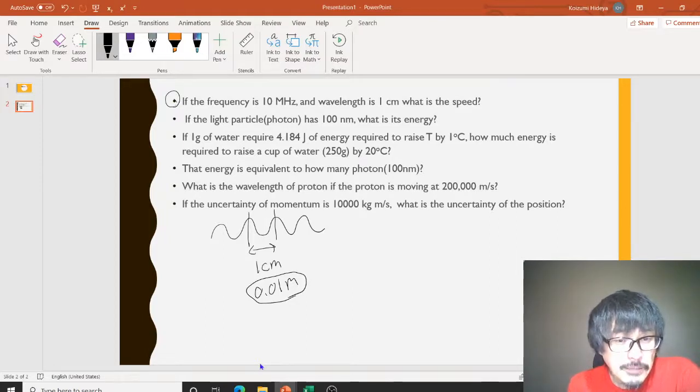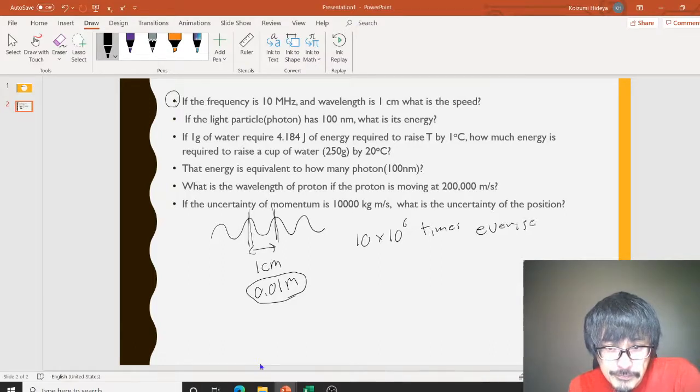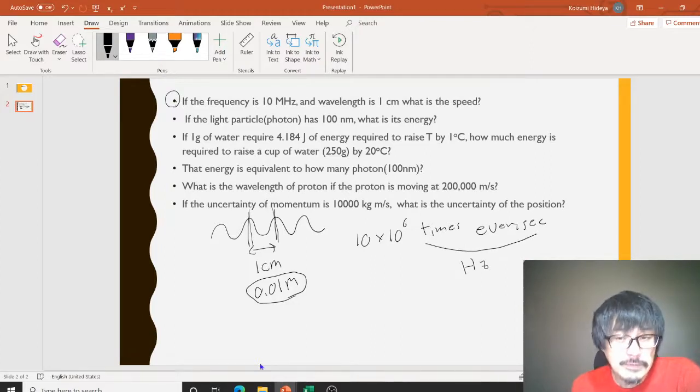And then this wave, one complete period, is going to repeat 10 times 10 to the 6 hertz. That means times every second. So that just means that it's hertz, okay?